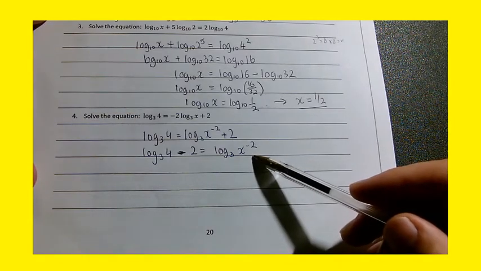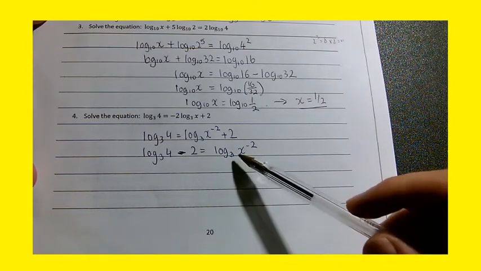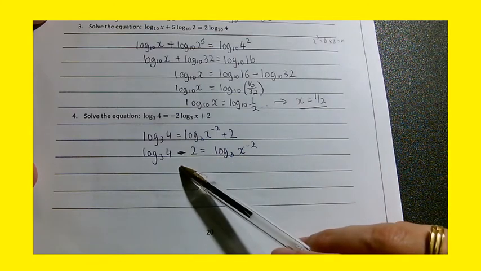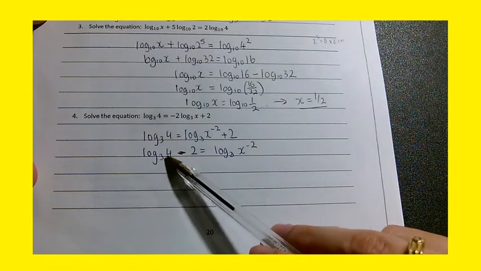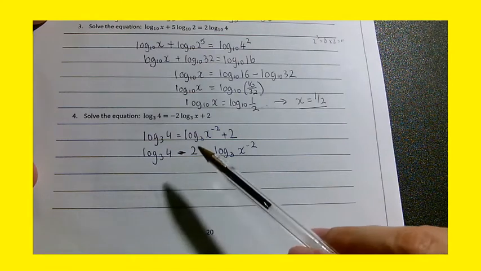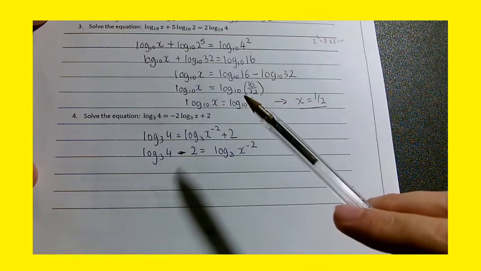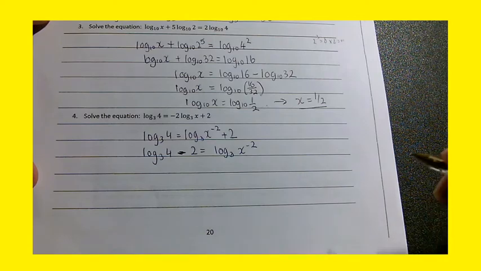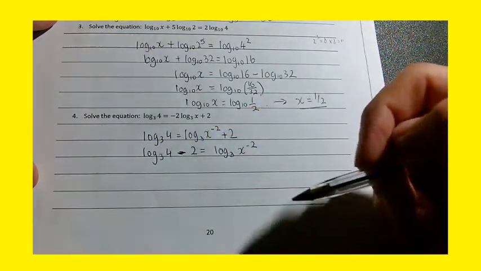Okay. So what I need to think about here is how can I simplify this left-hand side further? Now at the moment I've got log base 3 of 4 and I've got 2. Is it possible to find a value, log base 3 of something, which gives us a value of 2? Because remember, log base 3 is what I want.